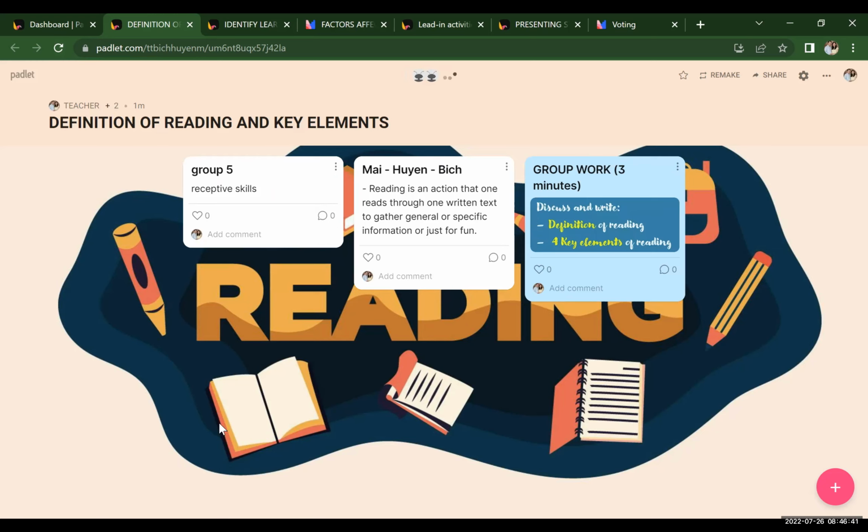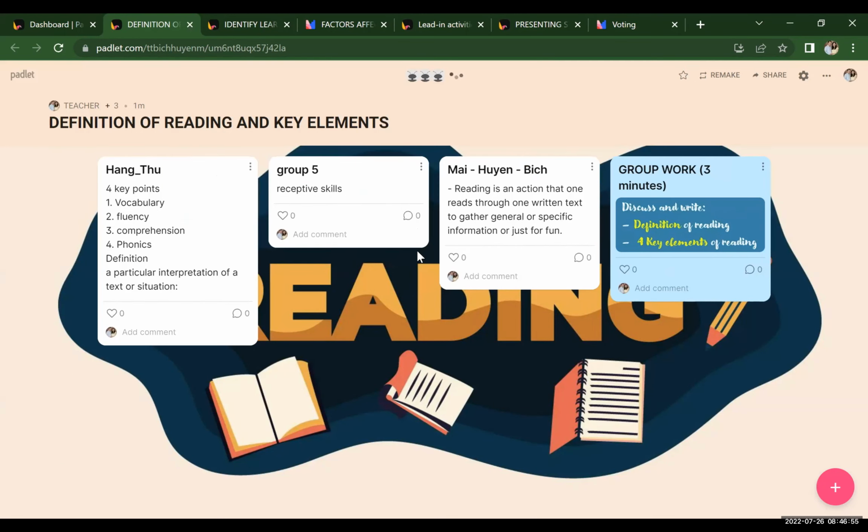Okay, you are free to turn on your mic and discuss with me while waiting for the secretary to publish the post of the group. So here I can see the first definition: the action that one reads through a written text to gather general or specific information. Wonderful. This is a kind of intensive reading or just for fun.